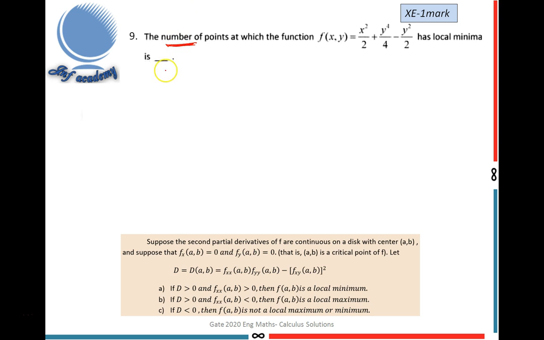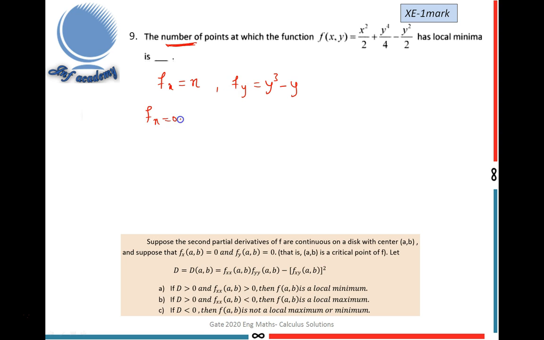First I find fx equal to 2x by 2, so x. Next fy, this is 4y cube by 4, so y cube minus 2y by 2, y cube minus y.